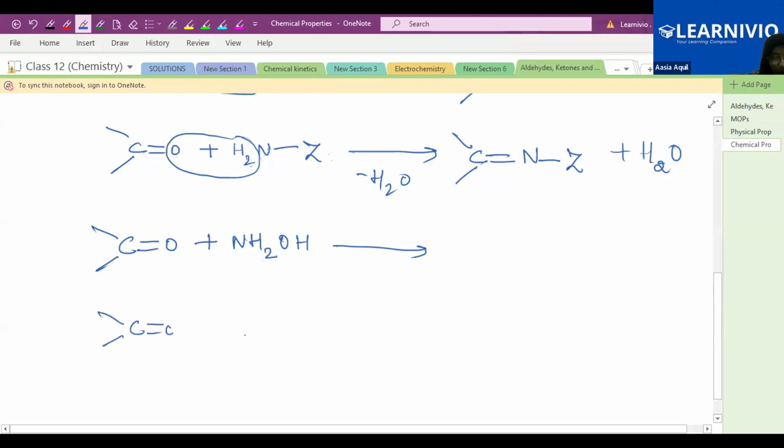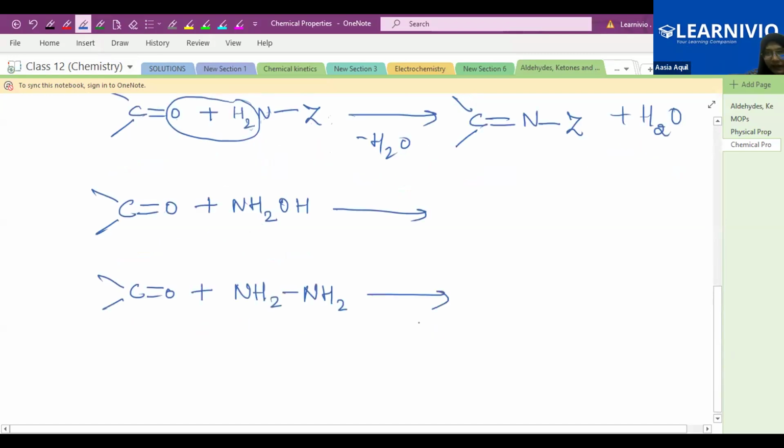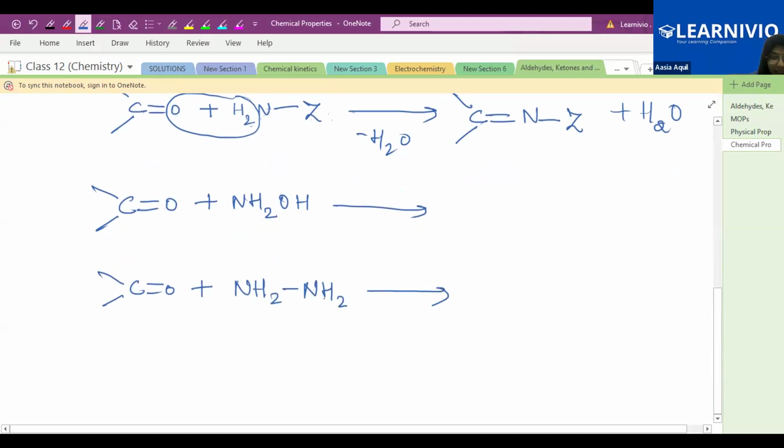Carbonyl compound plus, if I give you hydrazine, NH2, NH2. So NH2NH2 is hydrazine. Next is your carbonyl compound plus NH2NH. If I replace one hydrogen from this hydrazine by a phenyl ring, suppose this one, what is this?